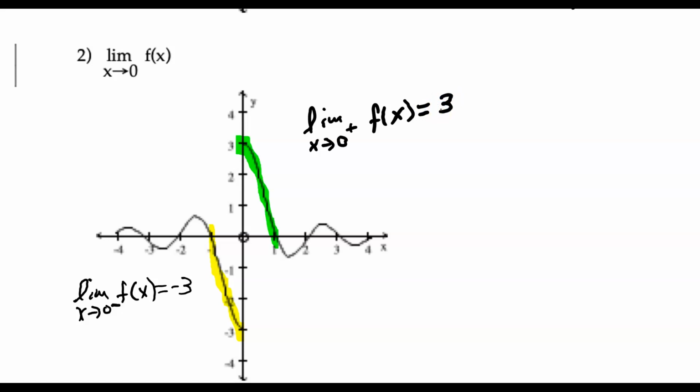So remember what we said, the left-hand side has to equal the right-hand side. In this case, the left-hand side does not equal the right-hand side. Therefore, we say the limit does not exist.